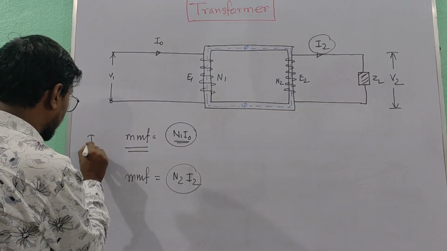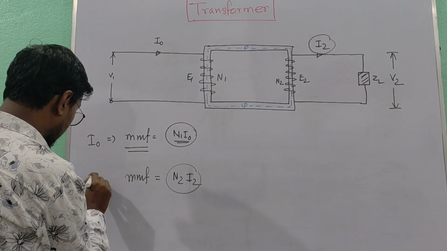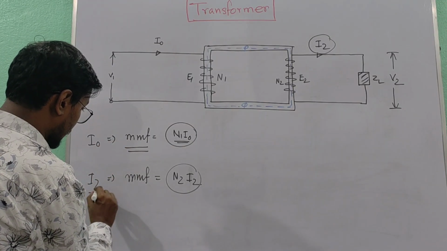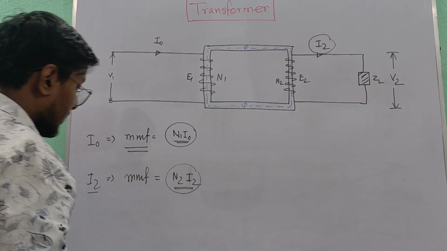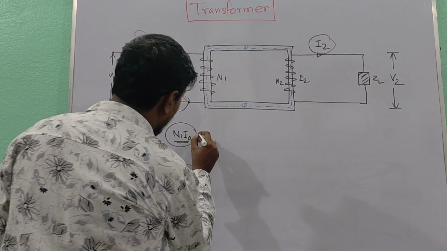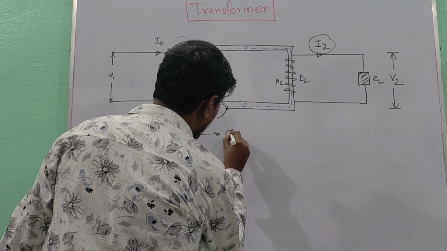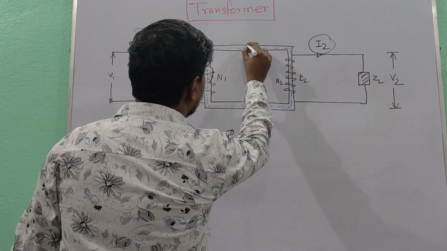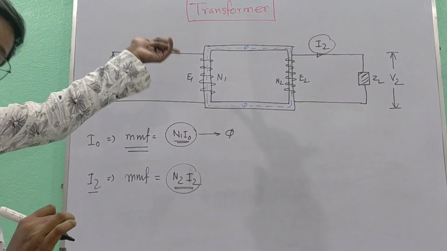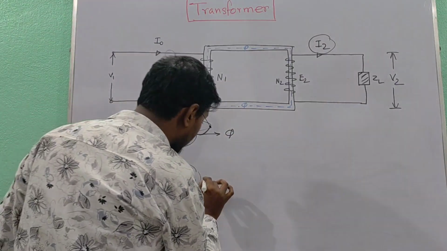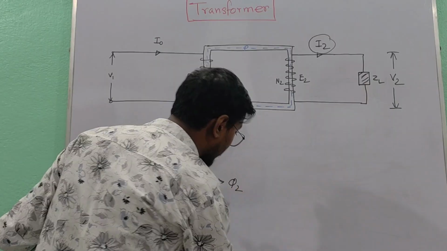So this is the MMF produced by the no load current I0, and this is the MMF produced by I2. Because of N1 I0, the mutual flux phi was produced earlier. Because of N2 I2, it will also create a flux phi 2.